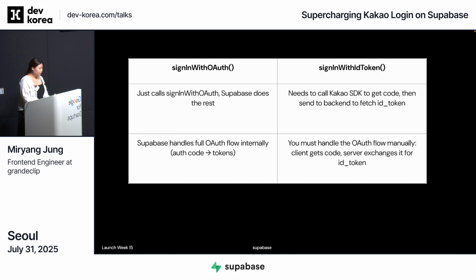From a developer view, signing in with OAuth is easy. Just one line of code, but it's hard to customize because Supabase handles the whole flow and you can't step in during the process. Instead, with OIDC, signing in with an ID token, you do a bit more work. On the server, you use an auth code to get an ID token. And in the app, you add the native SDK. The result is that you can use the right SDK for each platform and have more control to match your business logic.